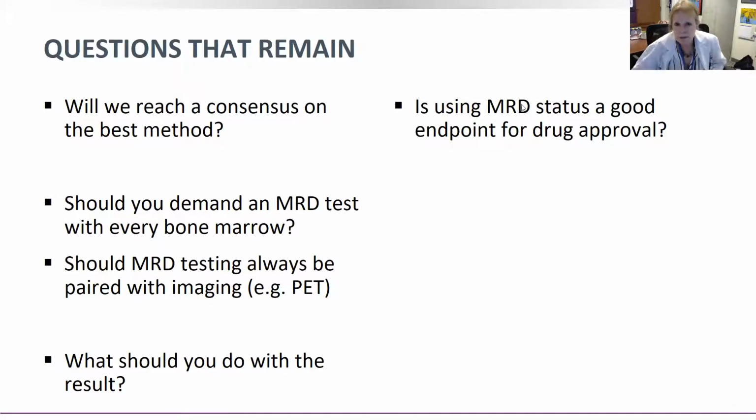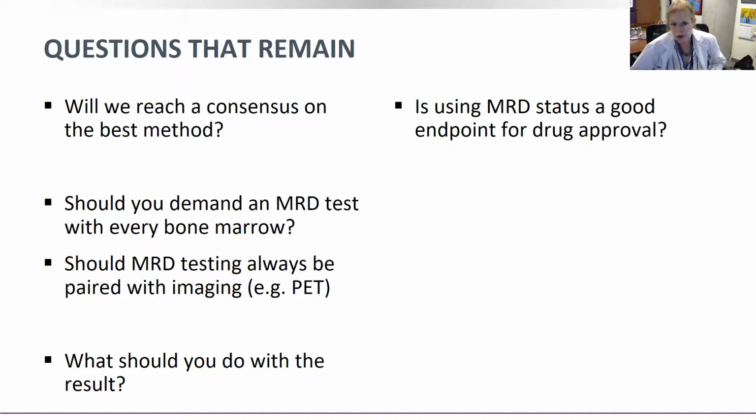I think we talked about what to do with the result, and I'm interested to see what your questions are. One of the things that many people would like to see happen, and there is a project underway to try to achieve this, is this: as many of you may or may not know, a lot of times for drug approvals, the bar is pretty high. In other words, they're looking for a demonstration of progression-free survival being better than the alternative to which it's compared. Sometimes if it's a brand new drug or brand new mechanism, that isn't as high a bar.